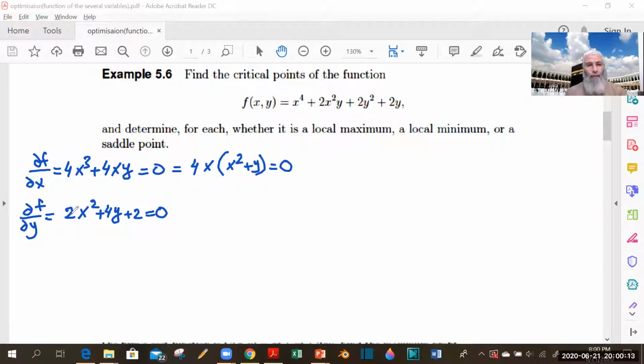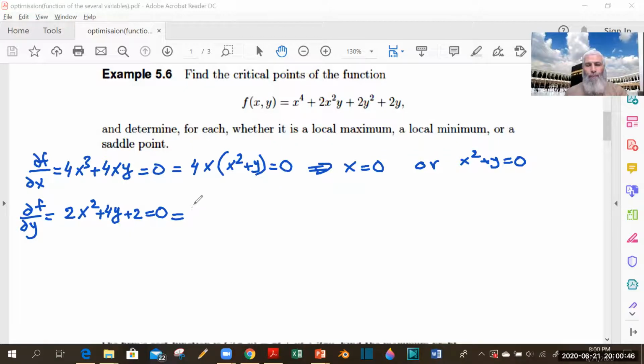Yes, right. And now here we can take a common factor, no common factor, right? So from this, we can find that x equal to 0, or x squared plus y equal to 0, right?